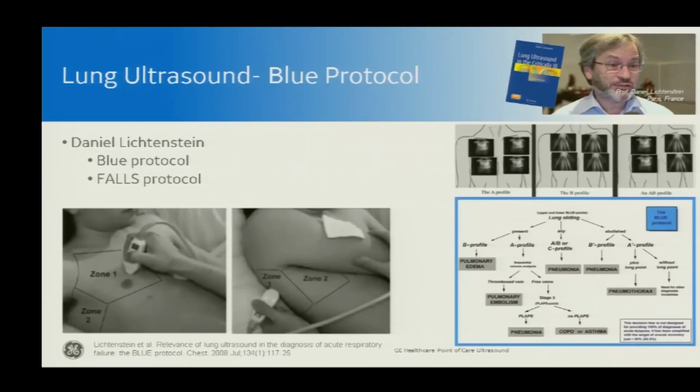The C profile is not shown on the top images of the lung, but the C, as you might have guessed, stands for consolidation. So if there's an AB profile or C profile, then you're suspicious for pneumonia. And if there's no lung sliding and you have a lung point, then you're very suspicious for pneumothorax. But the absence of lung sliding in and of itself is not specific for pneumothorax.